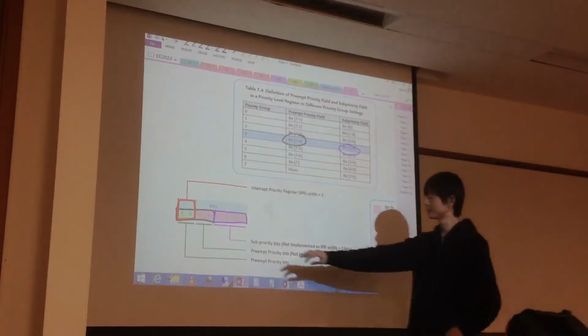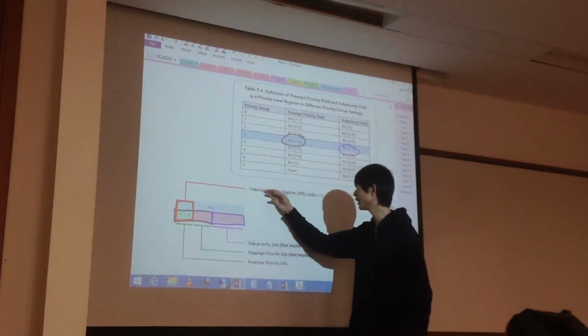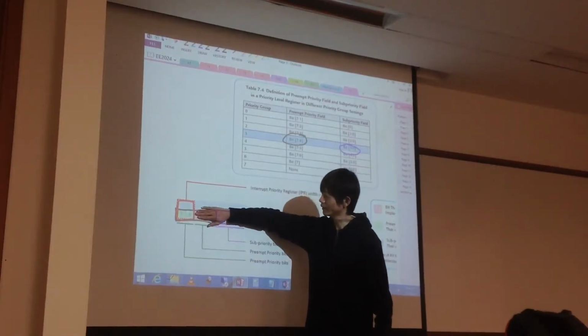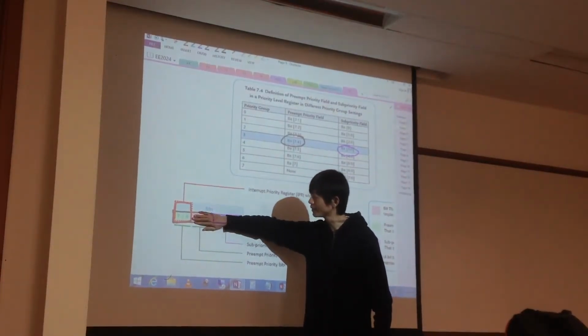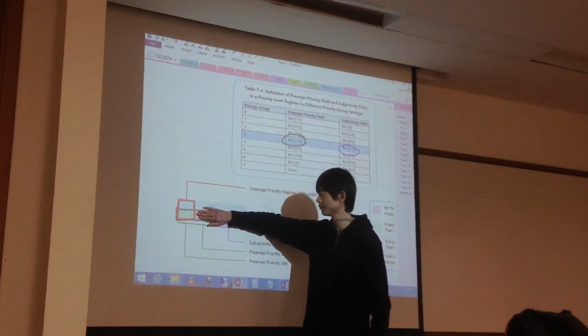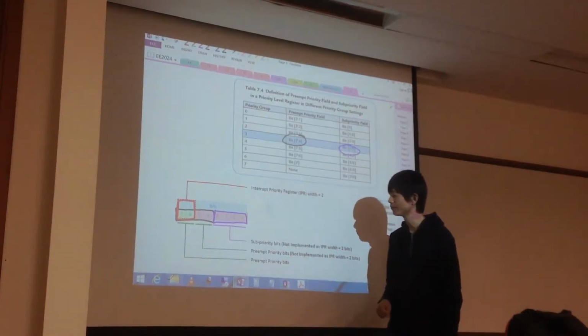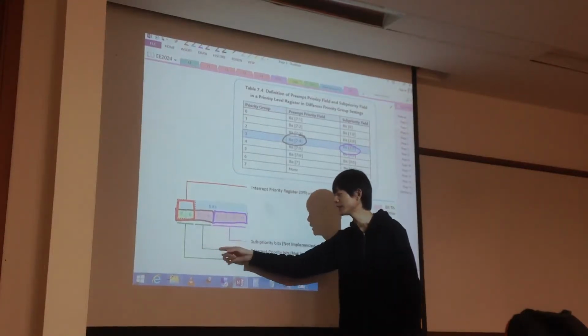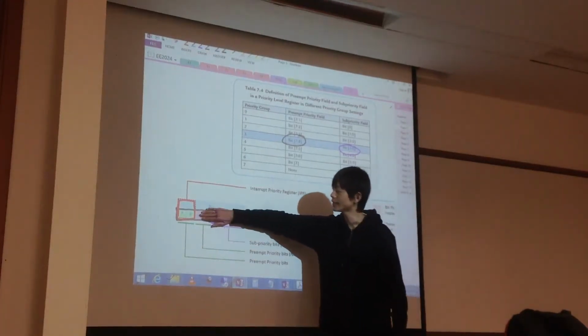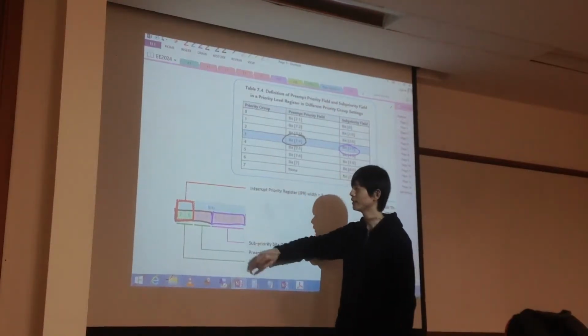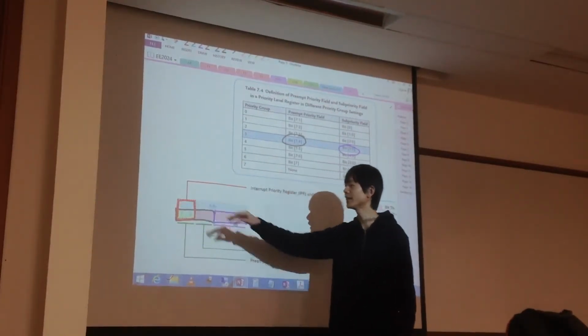We ignore these bits because they are outside our IPR width, which is just 2 bits, so we are left only with these 2 bits. This one is a preamp priority bit. This one also is preamp, but it is ignored because it is outside our width. This one is sub-priority, and it is ignored too.